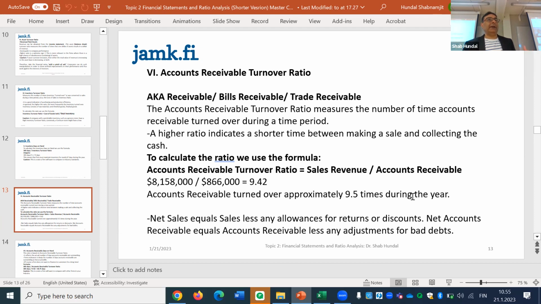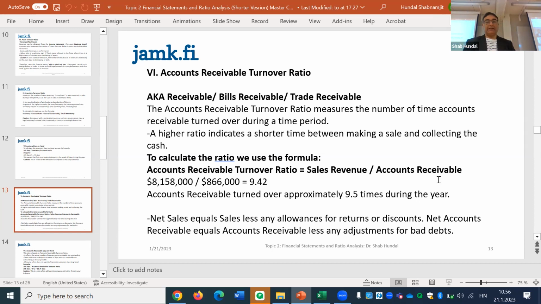If they pay you in 3, 4, 5 months, they pay you fewer times in a year. So even if you have to give them credit, you want to give it for the shorter period rather than the longer period, right? So you want this ratio to be as high as possible.